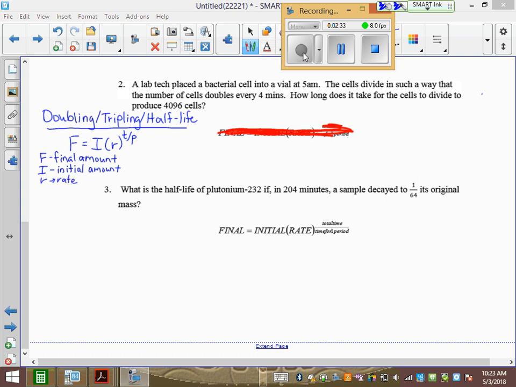What the heck does that mean? If it doubles, R equals 2. If it triples, R equals 3. If it has a half-life, R equals a half or 0.5. T is the time to reach final. And P is the half-life, doubling, tripling time.